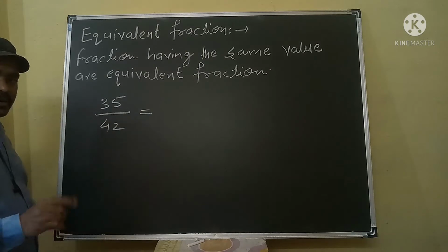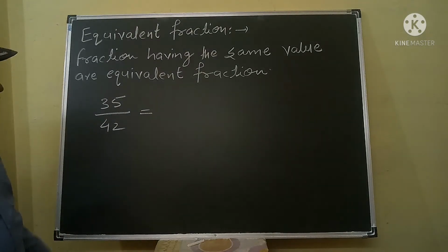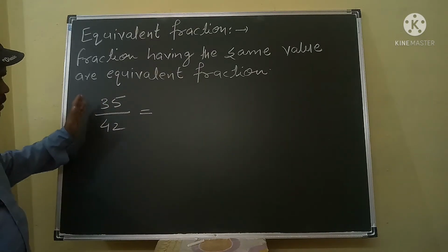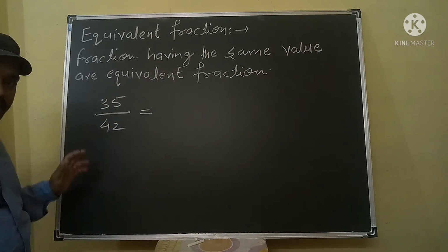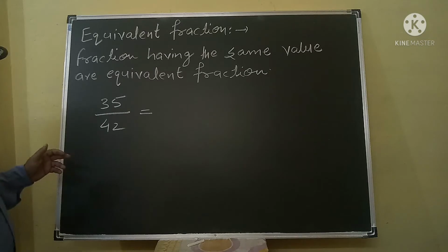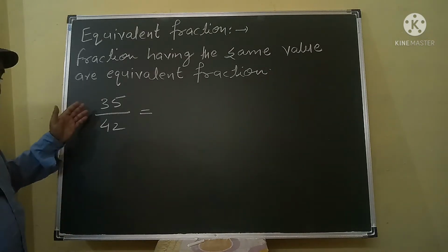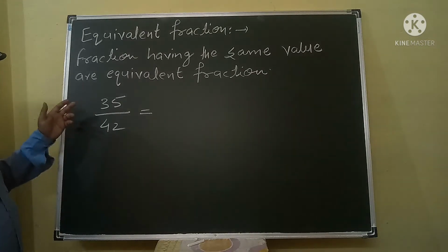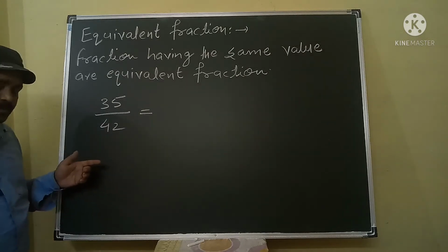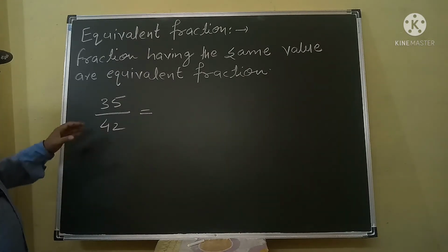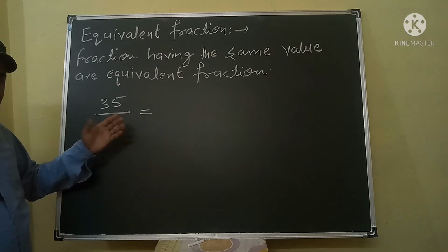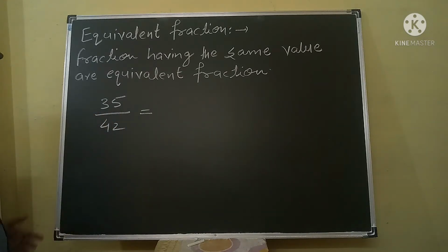In the previous example, what were you looking? In the previous example, we were doing multiplication in numerator and denominator. But in this example, we will apply the division procedure.